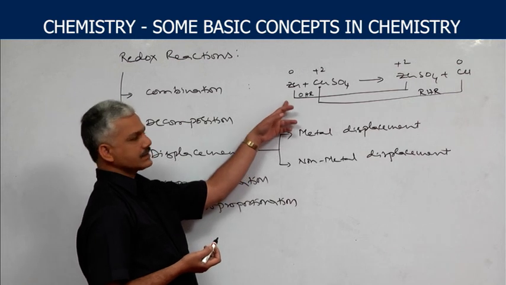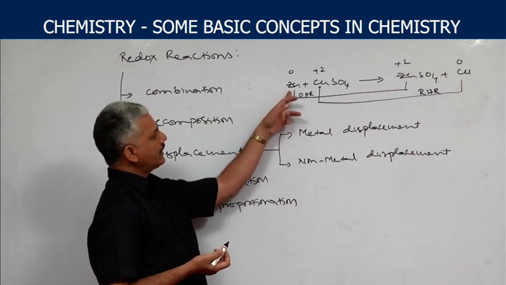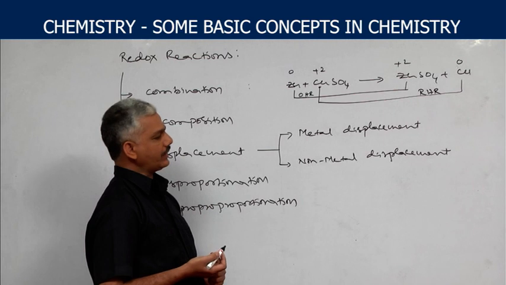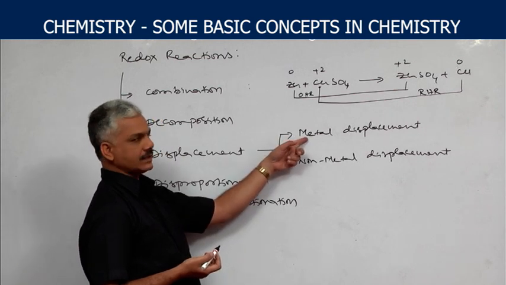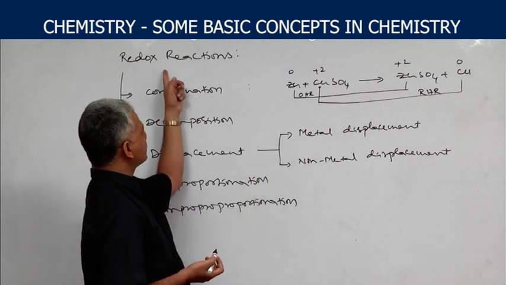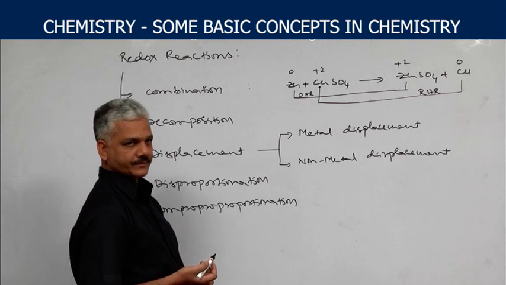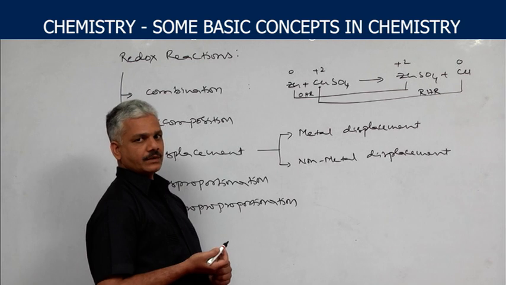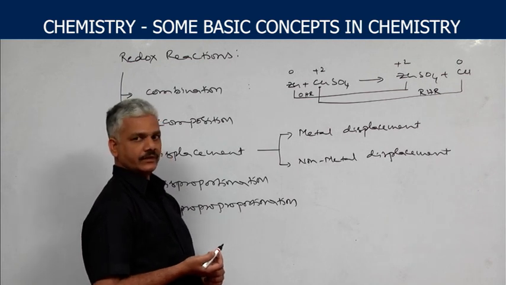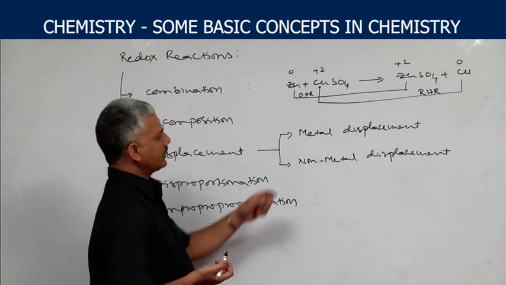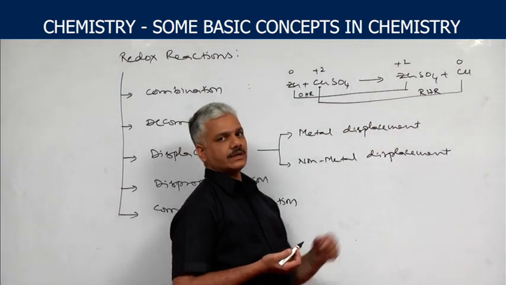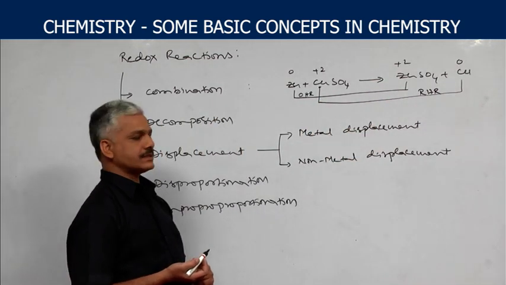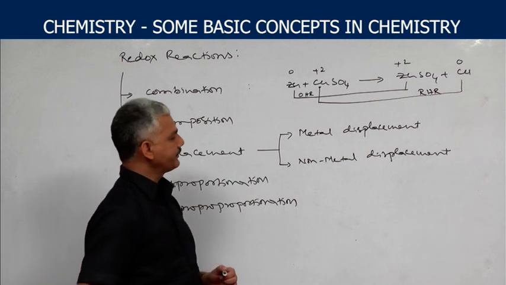So it is a redox reaction in which metal displacement is taking place, and can be taken as an example for metal displacement redox reaction. In this reaction, the blue color of copper sulphate slowly fades away because copper sulphate gets converted into zinc sulphate, which is colorless in nature.